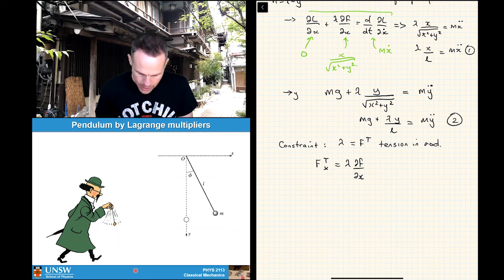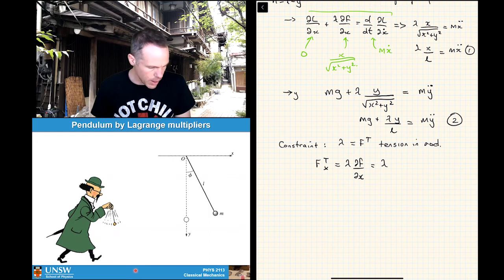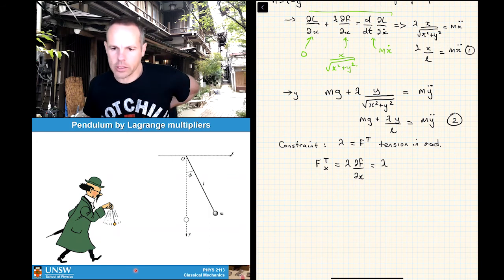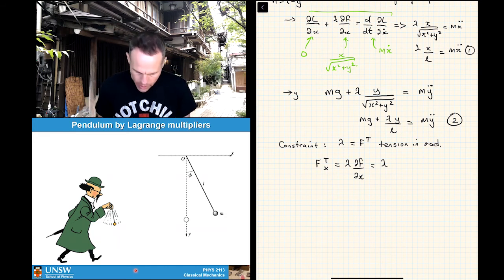And we worked that out above. Let's just call it lambda for now, just to keep it sensible. This is going to be lambda, and we know that it's x on the square root of x squared plus y squared, right? We took that derivative just up here. So it's going to be x on L.